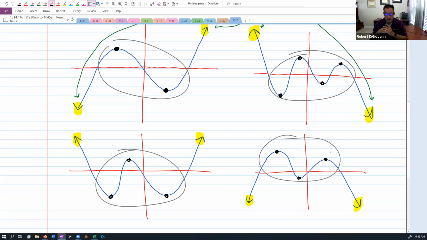But I'm here to tell you that in this class, we will not be trying to do that. All we will do is figure out whether or not it wiggles up and down. We won't be able to say how high or how low it goes. To answer that question, you have to take calculus. In calculus, that's where you figure out how high and low these things go.